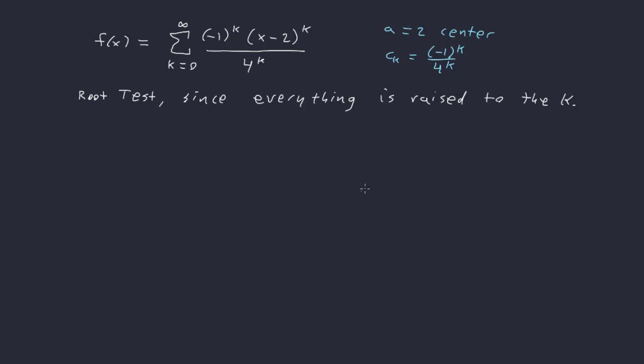All right, so let's try it. Remember the root test, we look at rho, which is the limit as k goes to infinity of the kth root of the absolute value of all of our stuff.